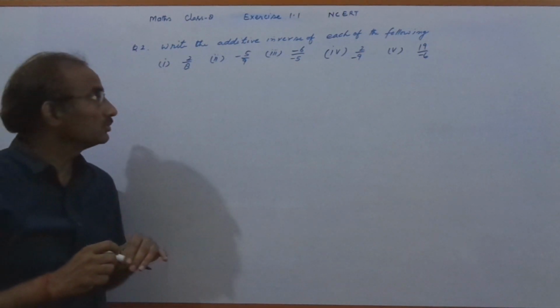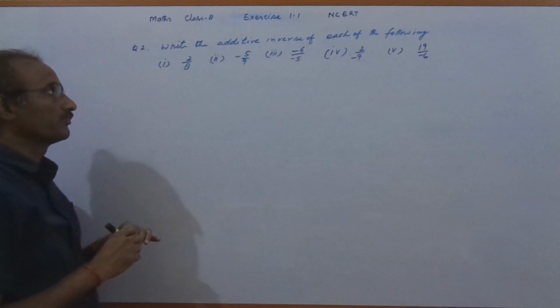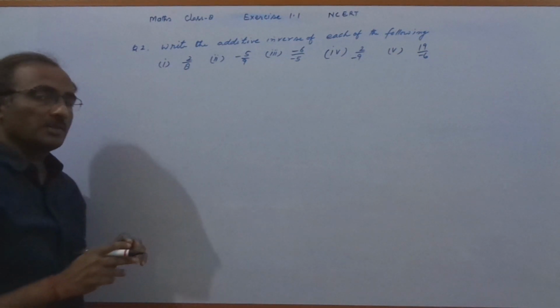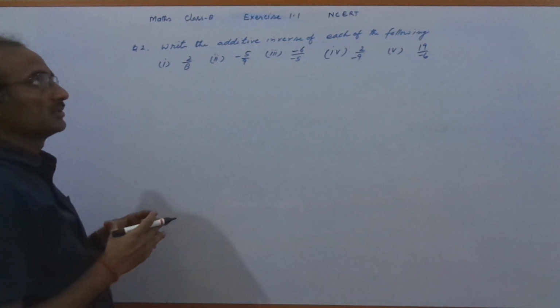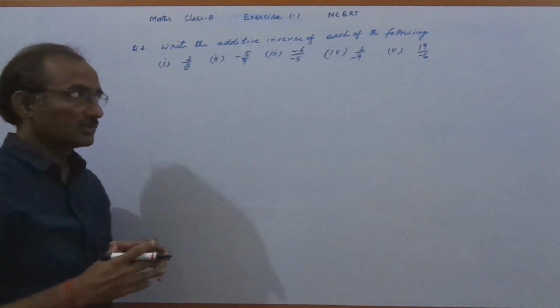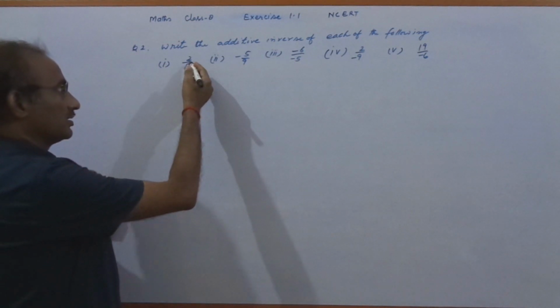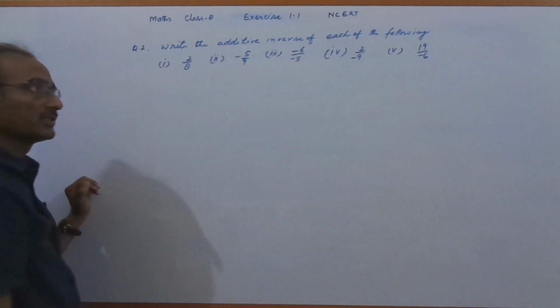Now question number 2. Write the additive inverse of each of the following. As we have studied, additive inverse is the negative of any rational number. So to find the additive inverse of 2 upon 8, we have to find its negative.